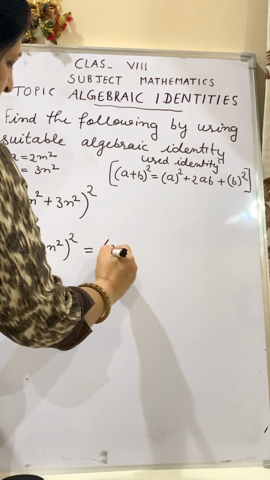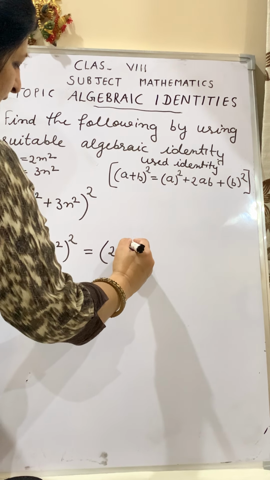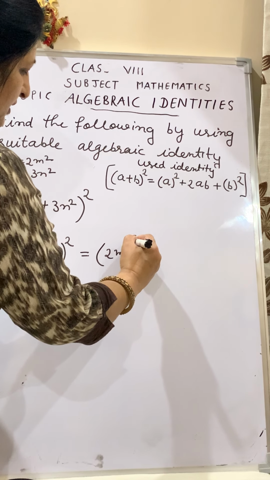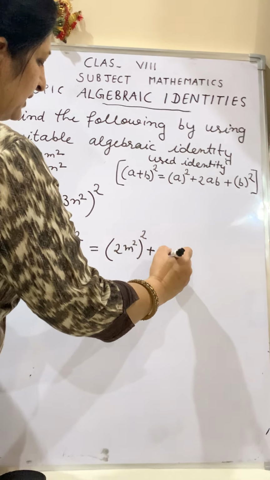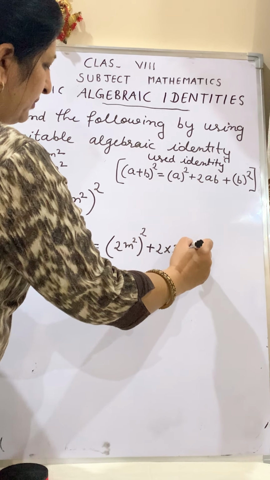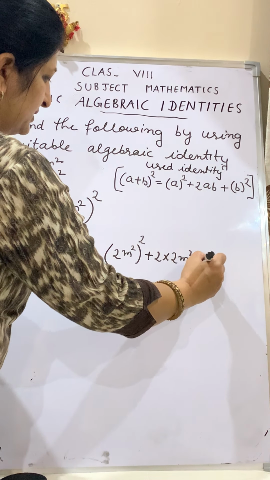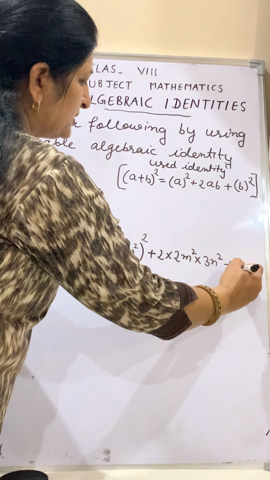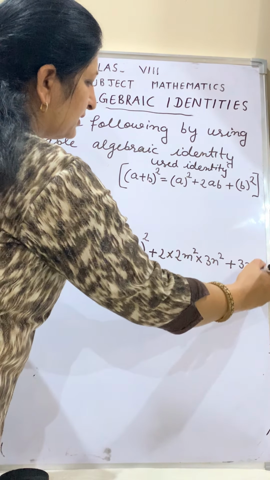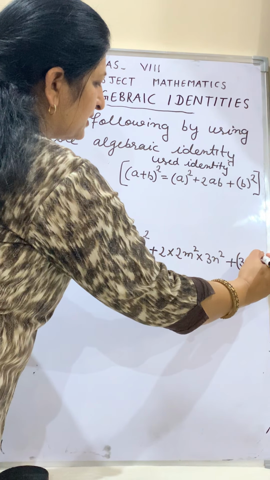Whole square of first. What is first? 2m raised to power 2, whole square. Plus twice of first and second. First is 2m raised to power 2 and second is 3n raised to power 2. And plus whole square of second. Second is 3n square.